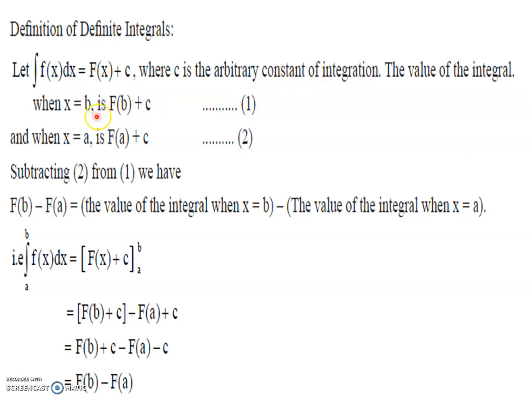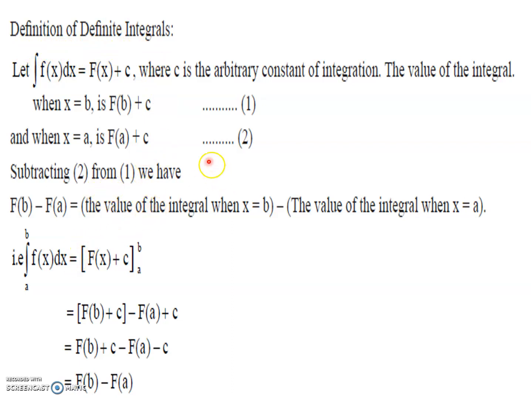The value of the integral when x is equal to b is F of b plus c. When x is equal to a it is F of a plus c. That means in the derived value of the integration, instead of the variable x, we have to put the constant values a and b. That is the platform used for the definite integral.